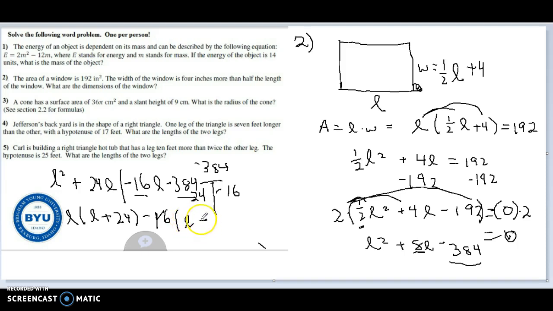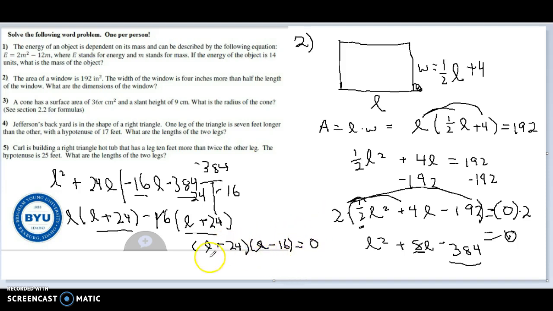That leaves 24 because negative 16 times 24 is negative 384. And they have this in common, L plus 24. So the final step of factoring is to write L plus 24 first, and what's left over, which is L minus 16, second. And remember, it's still set equal to 0.